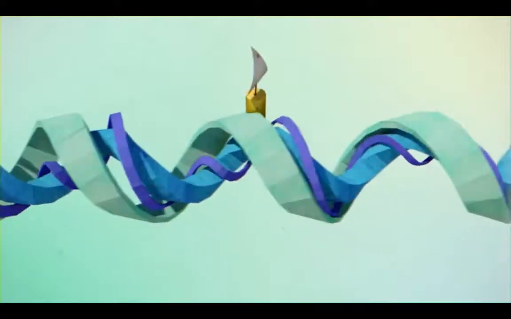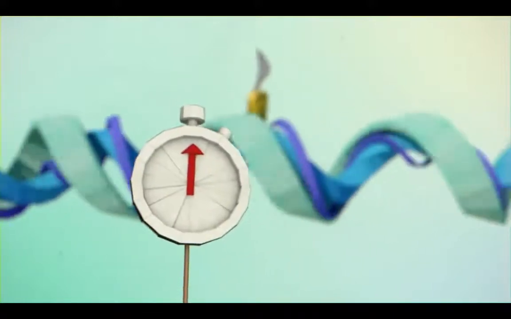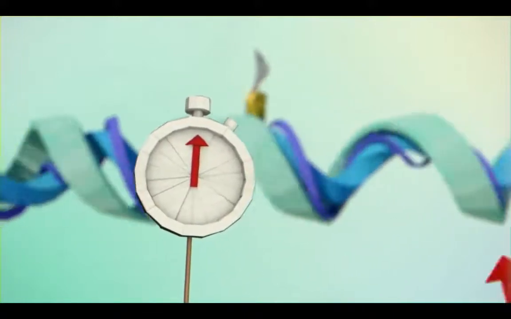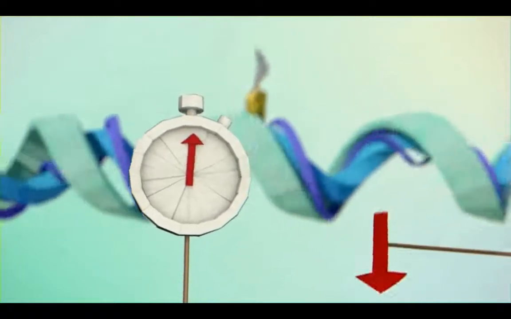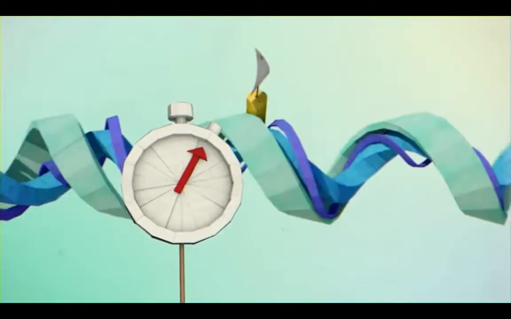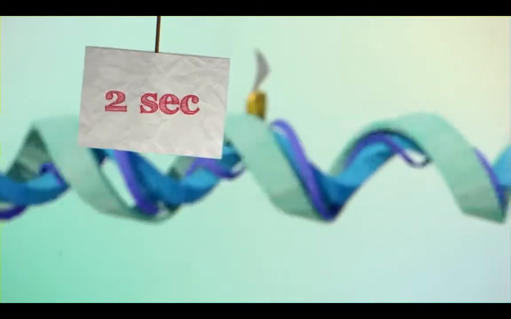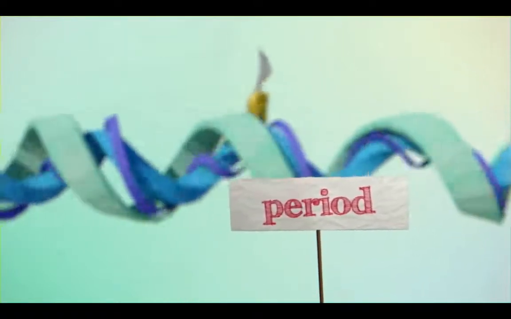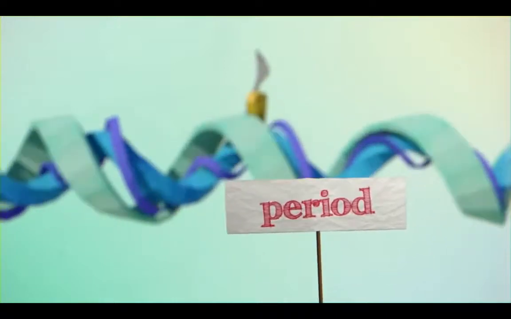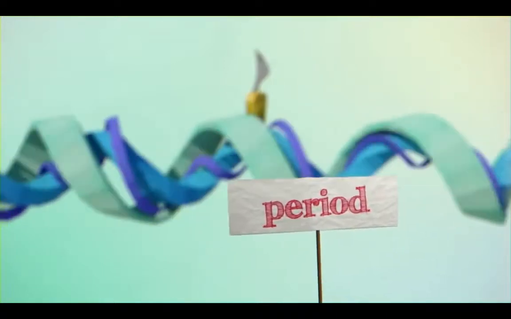Then you notice something else. Using a stopwatch, you measure the time it takes for the piece of cork to go from its highest position down to its lowest and then back up again. Suppose this takes 2 seconds. To use the physics jargon, you've measured the period of the waves that the cork is bobbing on. That is, how long it takes a wave to go through its full range of motion once.